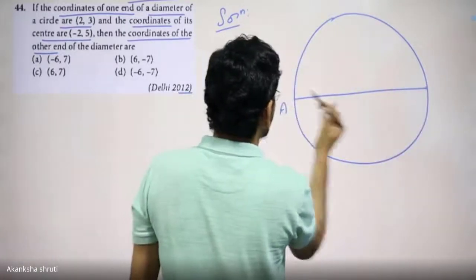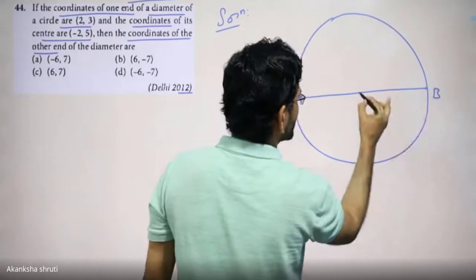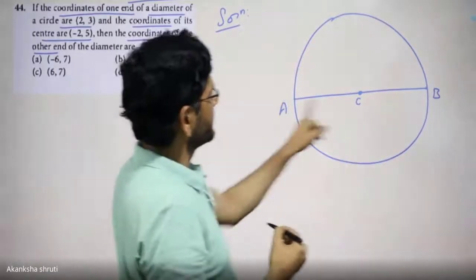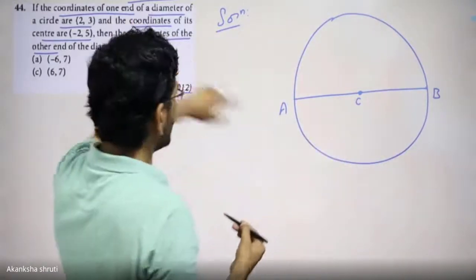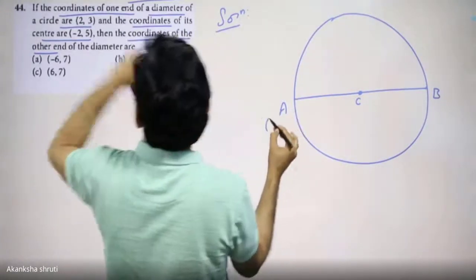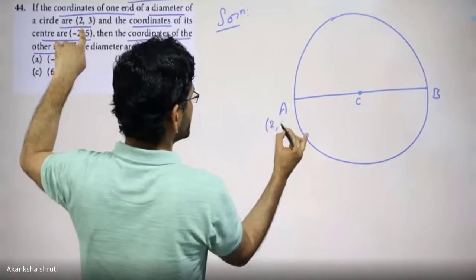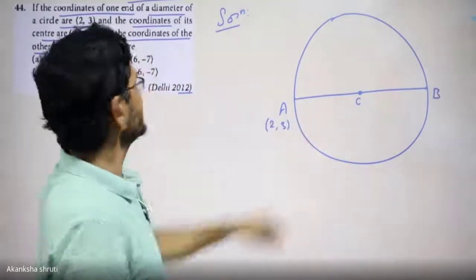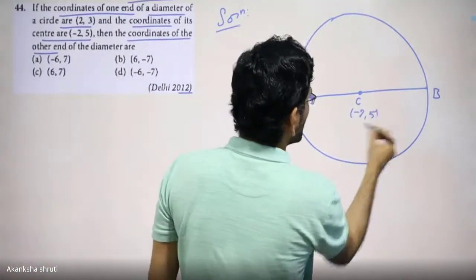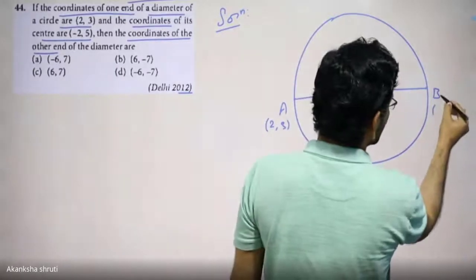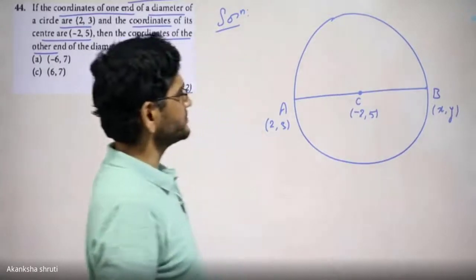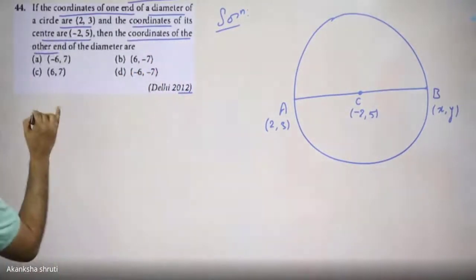Let us consider this diameter as AB, and we know that the center is the midpoint of AB. The coordinate of A is (2, 3). The coordinate of the center is (-2, 5). What is the coordinate of the other end? Let us consider this as (x, y). Okay, students?